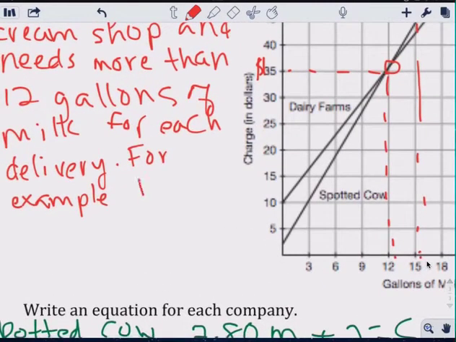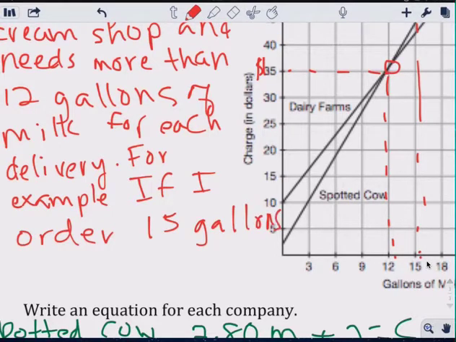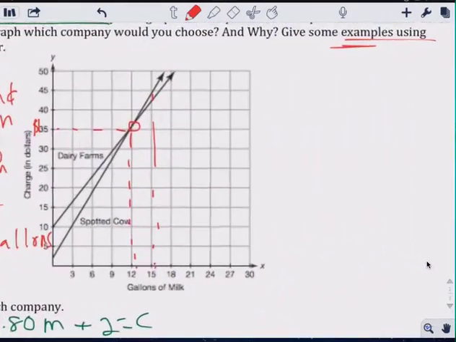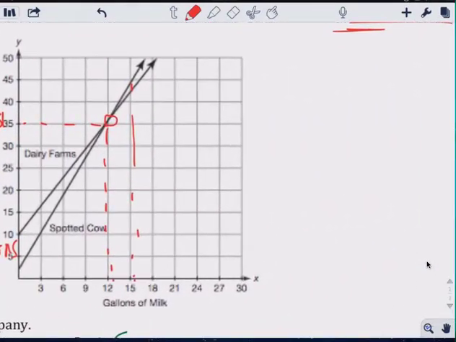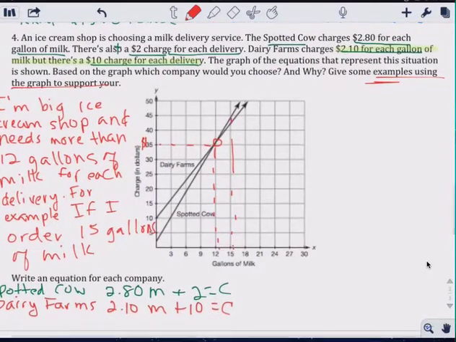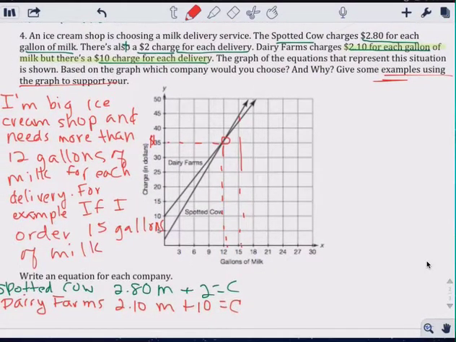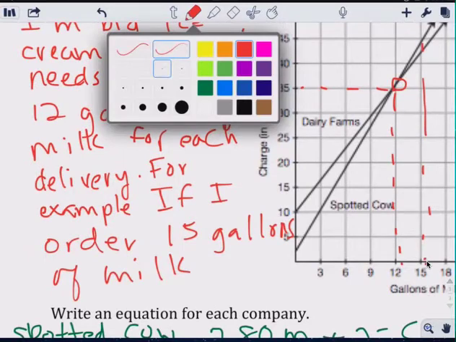For example, if I order 15 gallons of milk, oh my gosh, I never say which company. For delivery, oh my goodness.